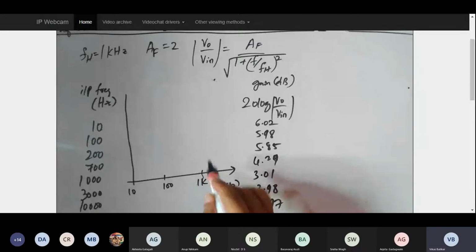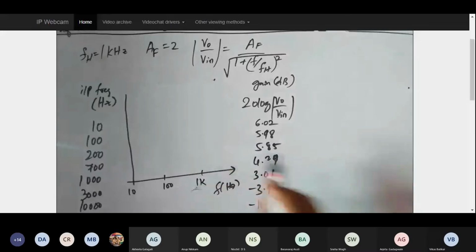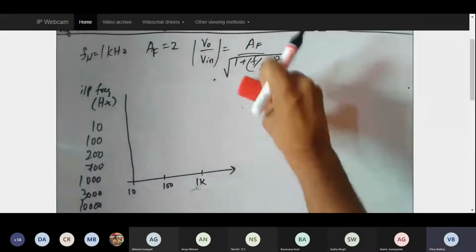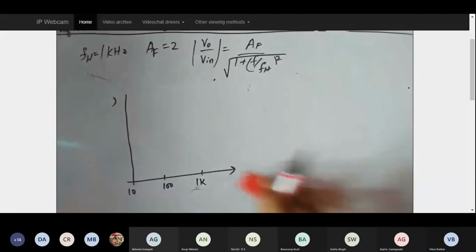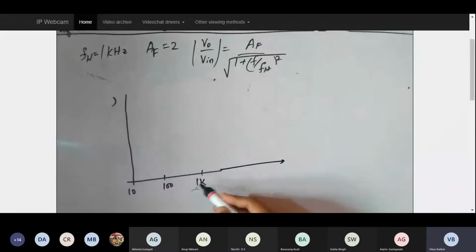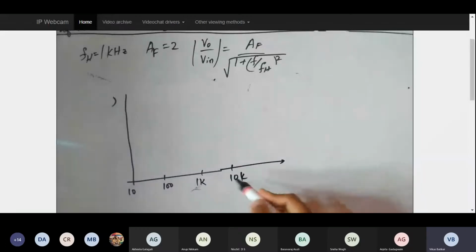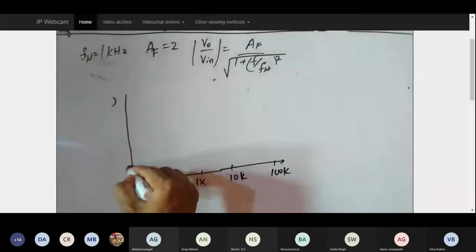Try to understand the graph modalities, how the graphs will be mentioned over here. So 1K, the 10 fold will be 10K. 10K, the 10 fold will be 100K. Like that the graph goes. And here you will be mentioning in terms of dBs.